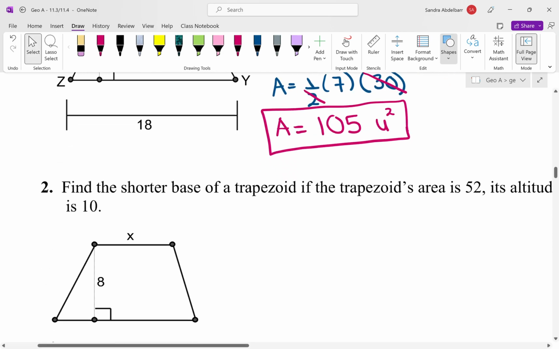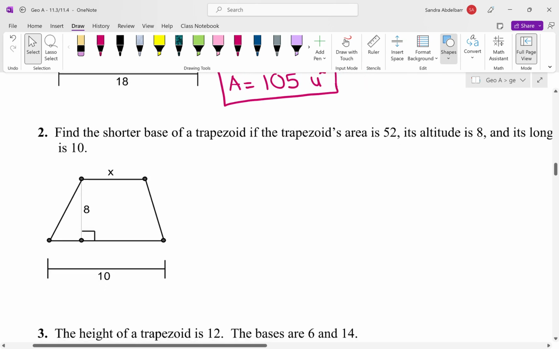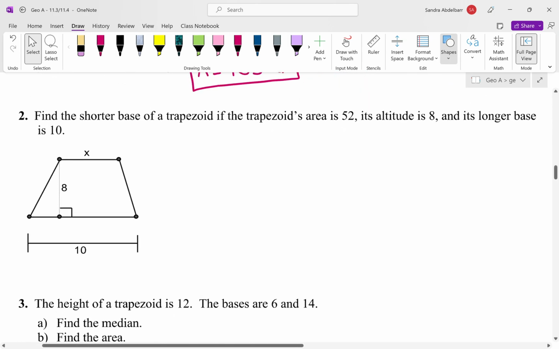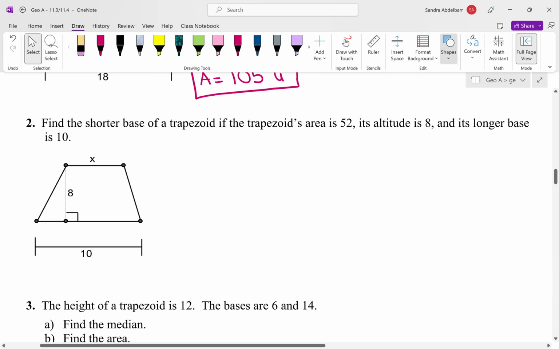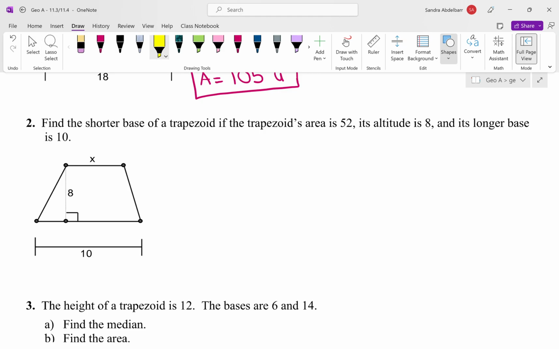Okay. Find the shorter base of a trapezoid, if the trapezoid's area is 52, its altitude is 8, and its longer base is 10. All right, so now they're giving us information. We want to find the shorter base, which I called x, but they're telling us the area of this trapezoid is 52. The minute I see area and I see trapezoid written down, I write down the area formula of a trapezoid.